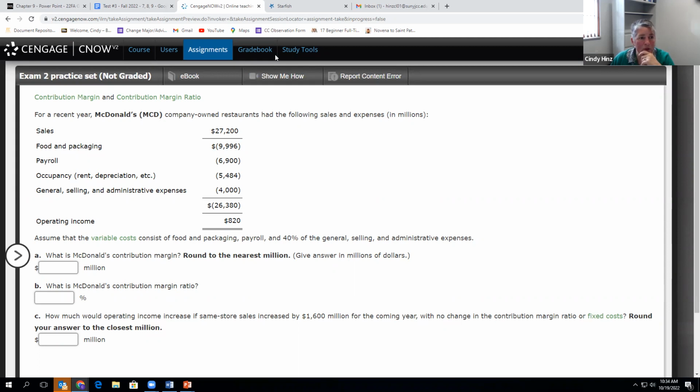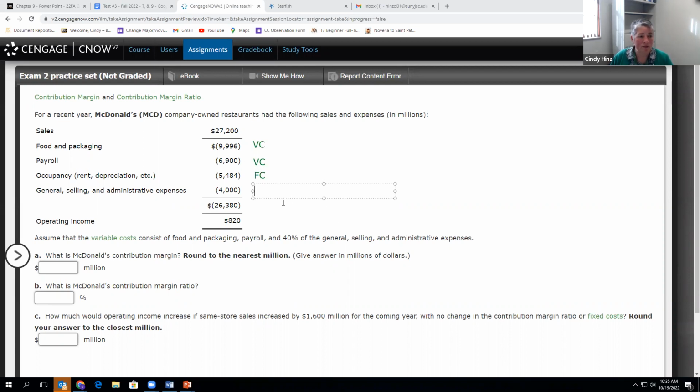I'm just going to make a note of those here. So variable costs are food and packaging. Label that a variable cost. Payroll is also a variable cost. Occupancy, rent, depreciation, etc. is a fixed cost then, because it's not specified as a variable cost.